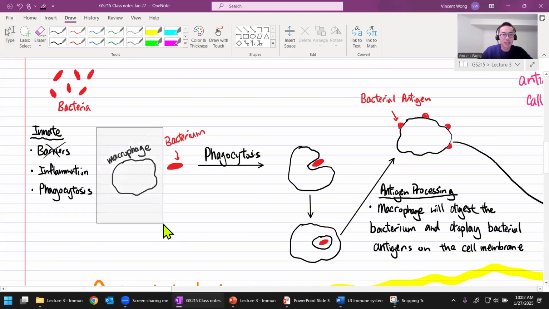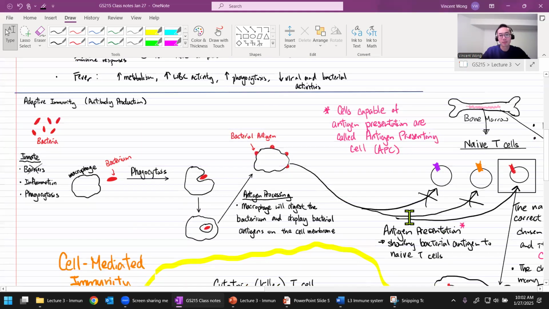Well, actually, it is the APC, the macrophage. Without the macrophage, the link is broken. You don't have a way to activate adaptive immunity. We'll see that later on in the lecture. People with HIV, the virus specifically targets and kills macrophages. Without the macrophages, you cannot create adaptive immune response. And that makes you immunocompromised, right?